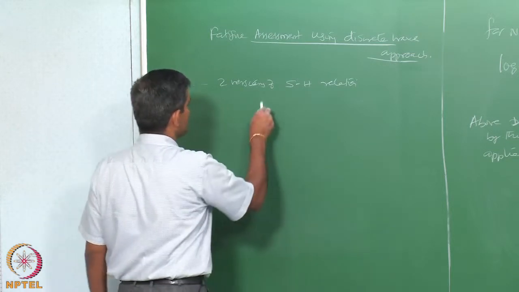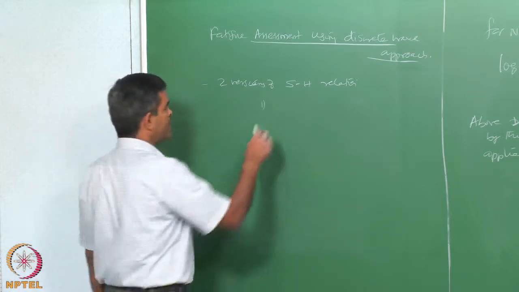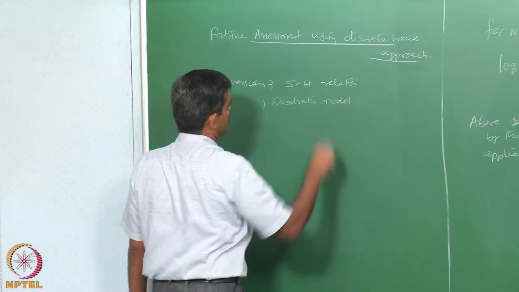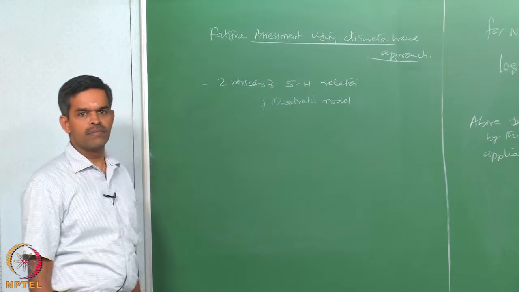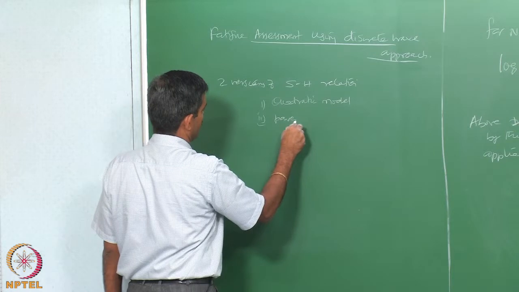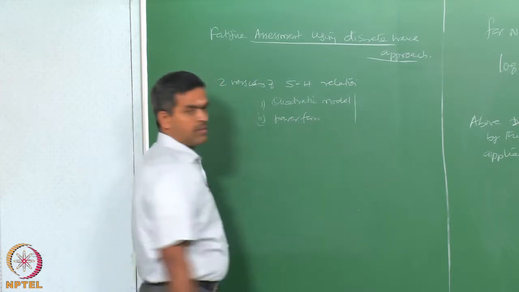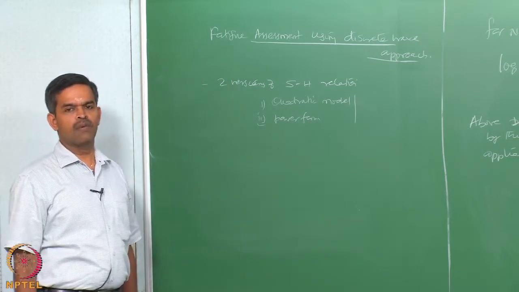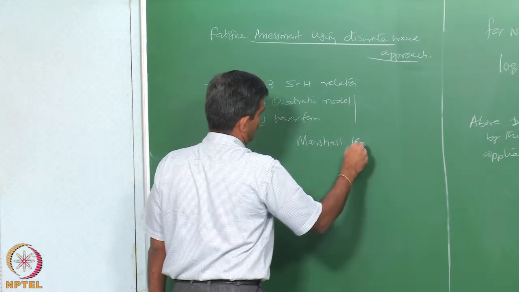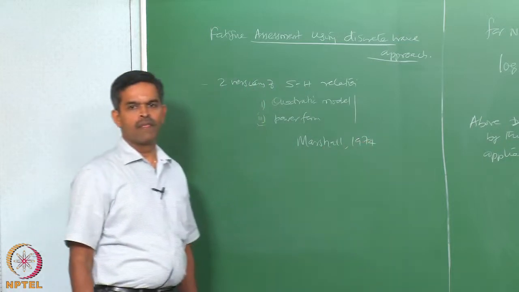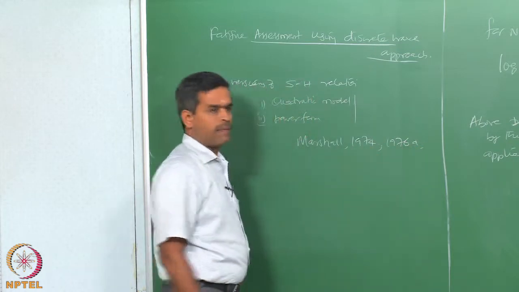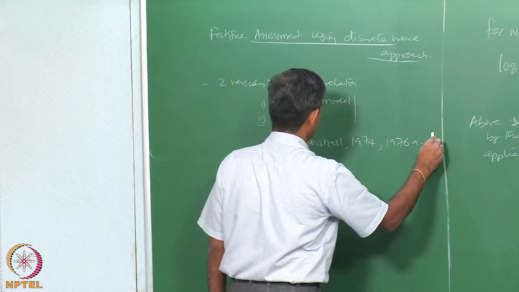One could be a quadratic model to estimate the SH relationship, the other could be a power form. Both are discussed in Marshall 1974, 1976 A and B.